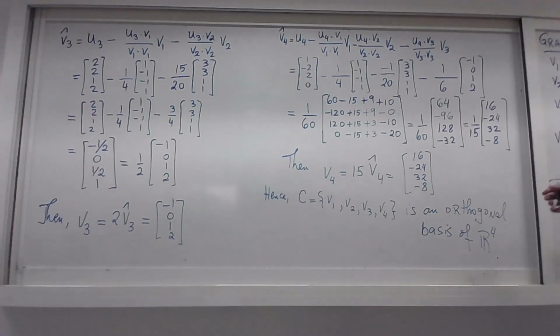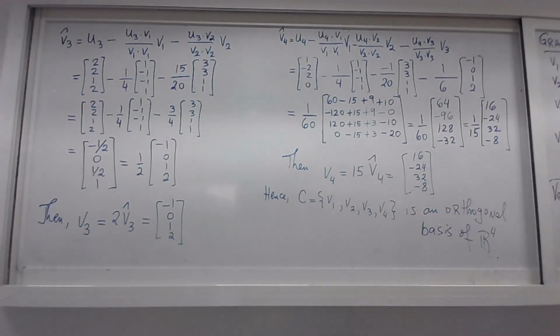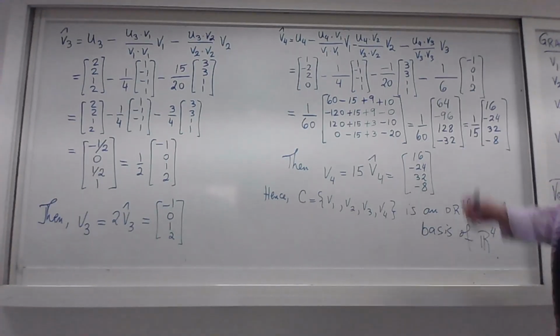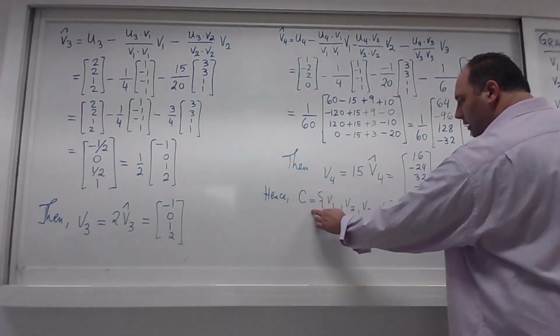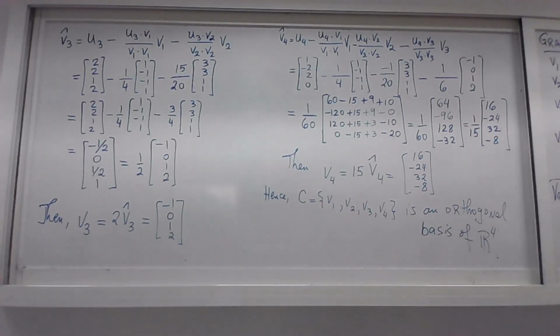I couldn't see it before, apparently. And then I said, okay, let me just multiply the guy by a number different from 0. And I'll get a perfectly legitimate vector, V4. And this guy is also orthogonal to V1, V2, V3. So that's how I get the basis V1, V2, V3, V4. That is an orthogonal basis for R4.